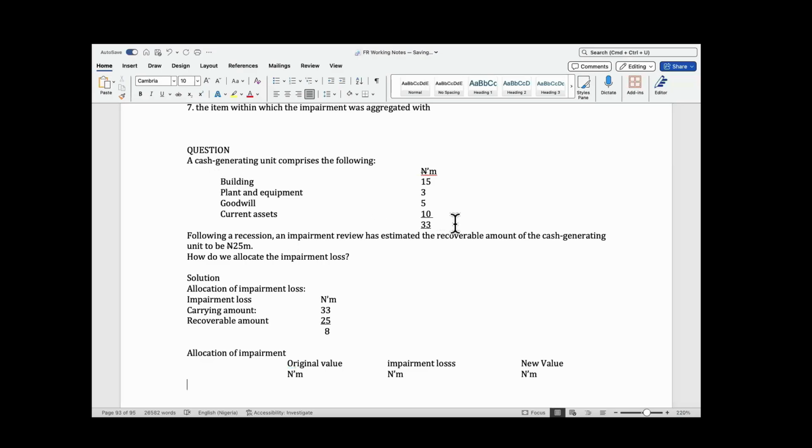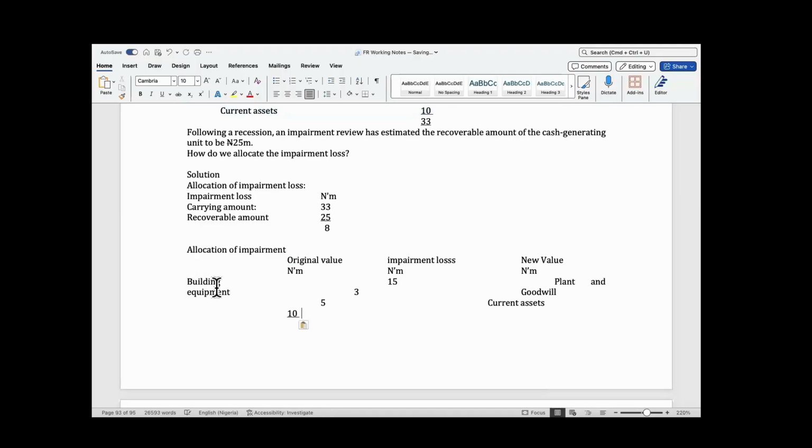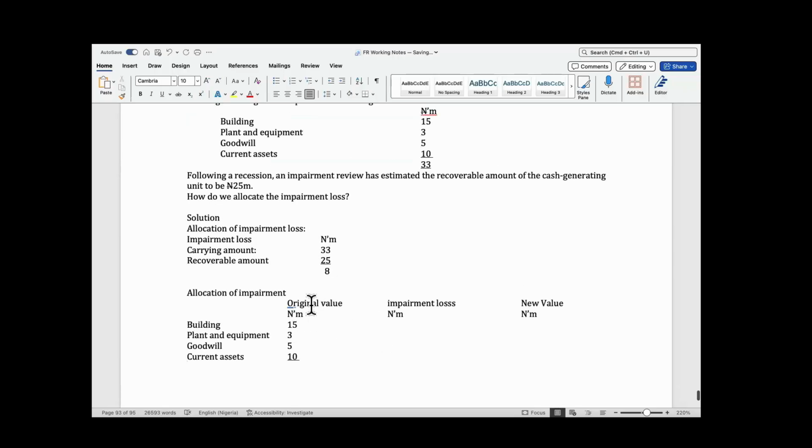So I have these assets, and I know that the impairment loss is 8 million.